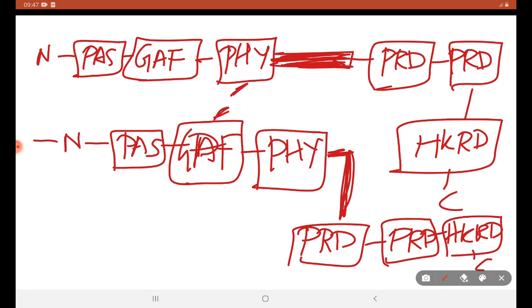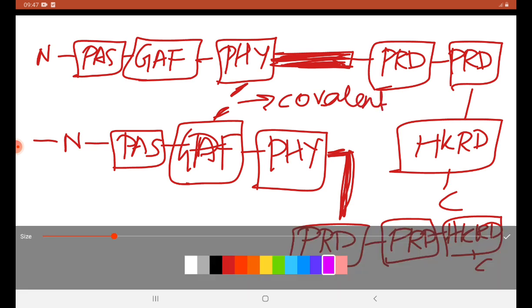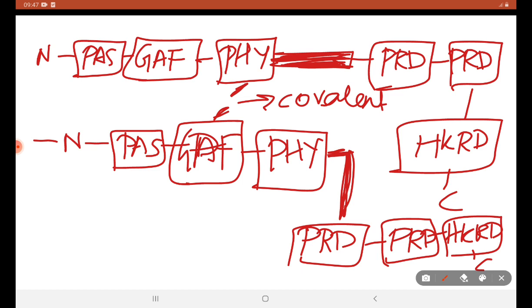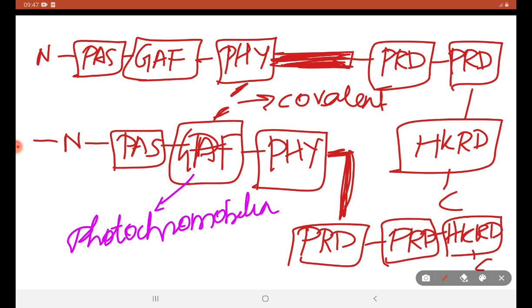These two dimers are linked by a covalent chain. This GAF domain is attached to phytochromobilin by a thioether linkage.